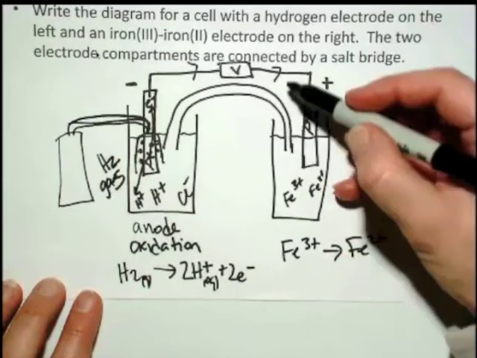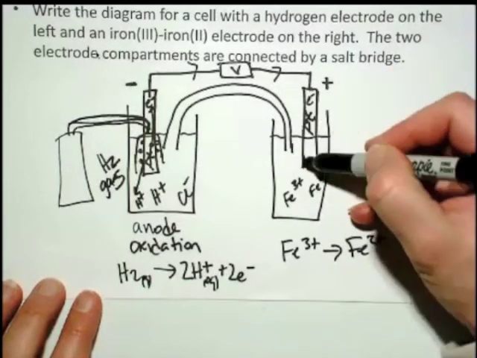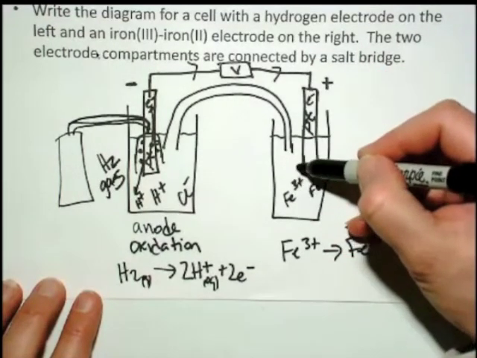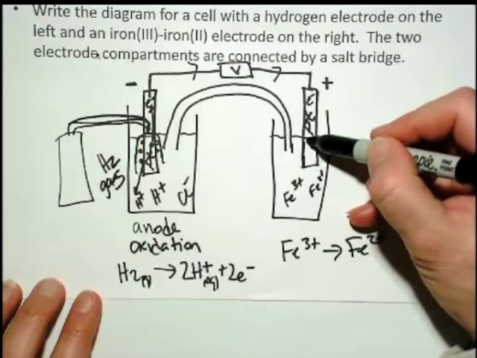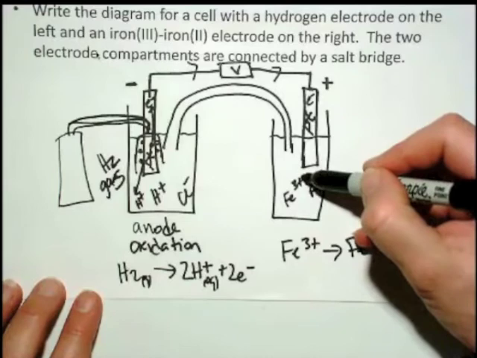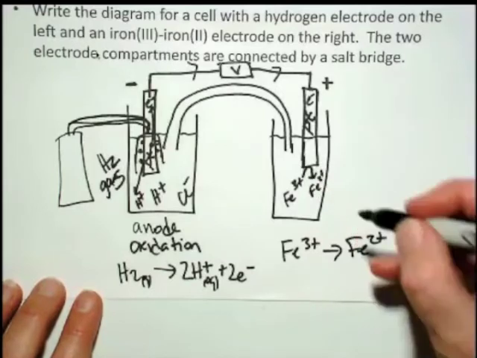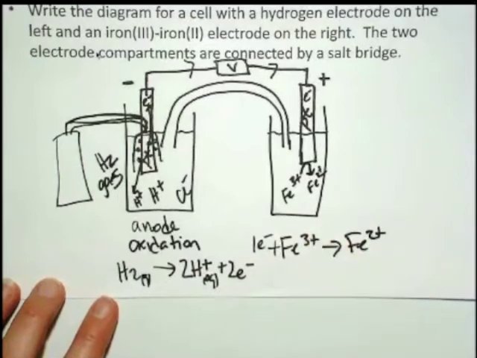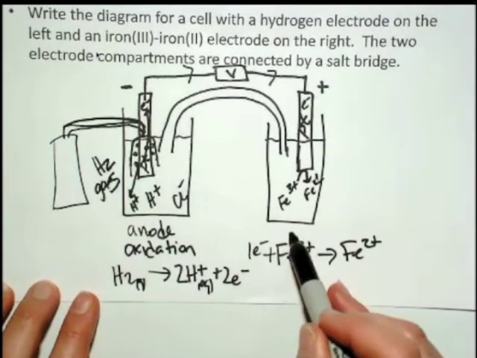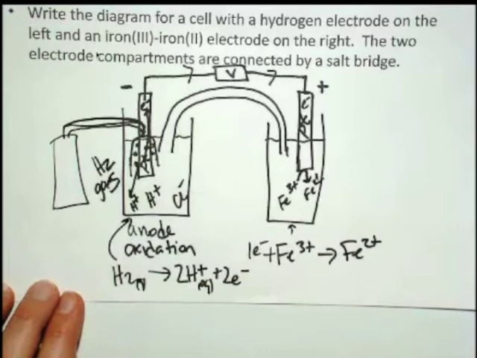The electrons make their way across the wire and down here. When an iron 3 plus ion comes near this surface, it picks up one of those electrons and is converted into iron 2 plus. That's a reduction, a gain of electrons. So this is the half reaction going on here, and this is the half reaction going on there.